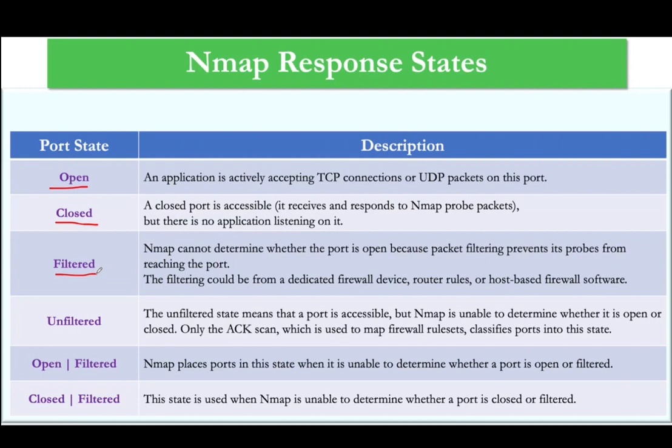But filters that simply drop probes without responding are far more common. This forces Nmap to retry several times, in case the probe was dropped due to network congestion rather than filtering, so this sort of filtering slows the scan down dramatically.